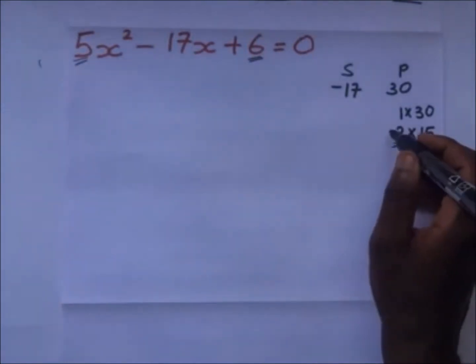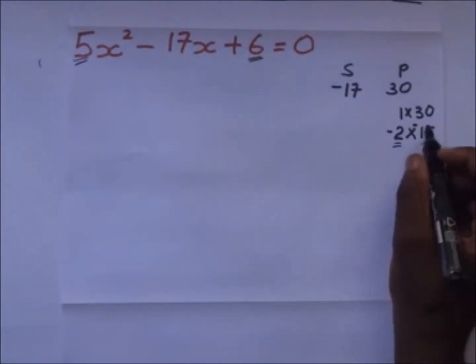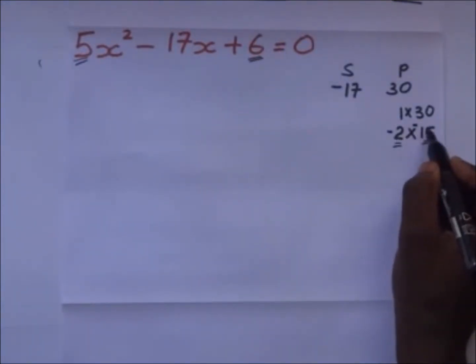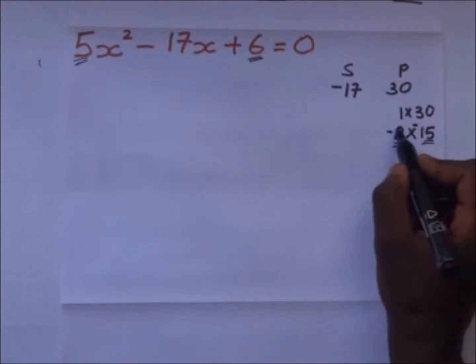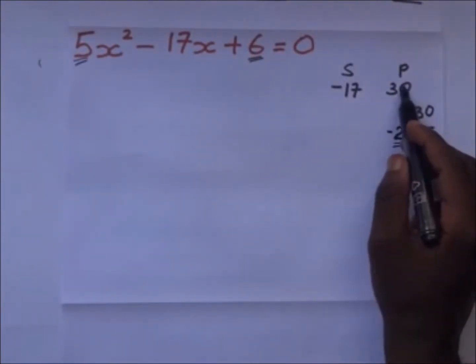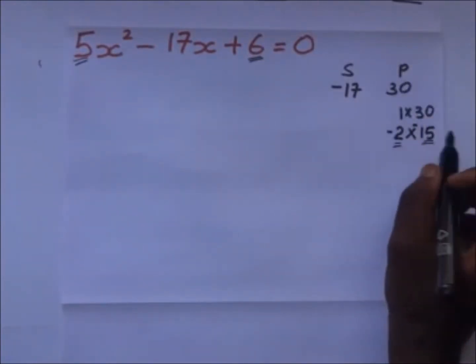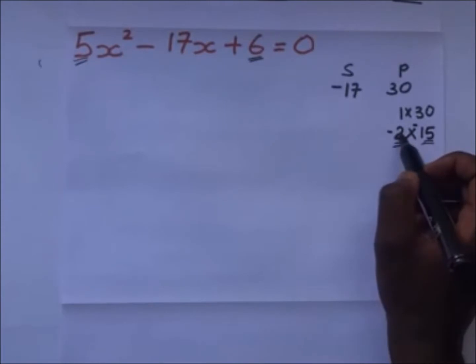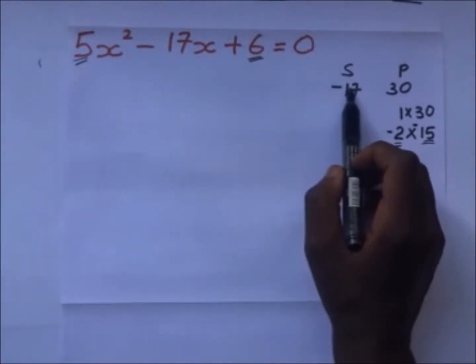If I make the 2 negative and the 15 also negative, negative 2 times negative 15 will give us a positive 30, because when you multiply a negative by a negative, you get a positive. So negative 2 plus negative 15 is going to give us negative 17.